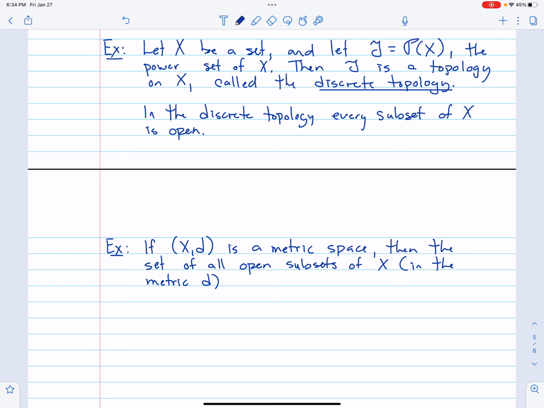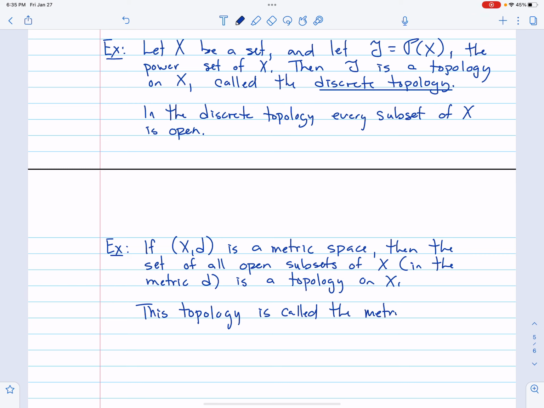So if we do this on a metric space, we define open balls, we define open sets, then that collection of open sets satisfies those three defining properties of a topology, and therefore that collection of open sets is a topology on X. Okay? And this topology is called the metric topology on X.